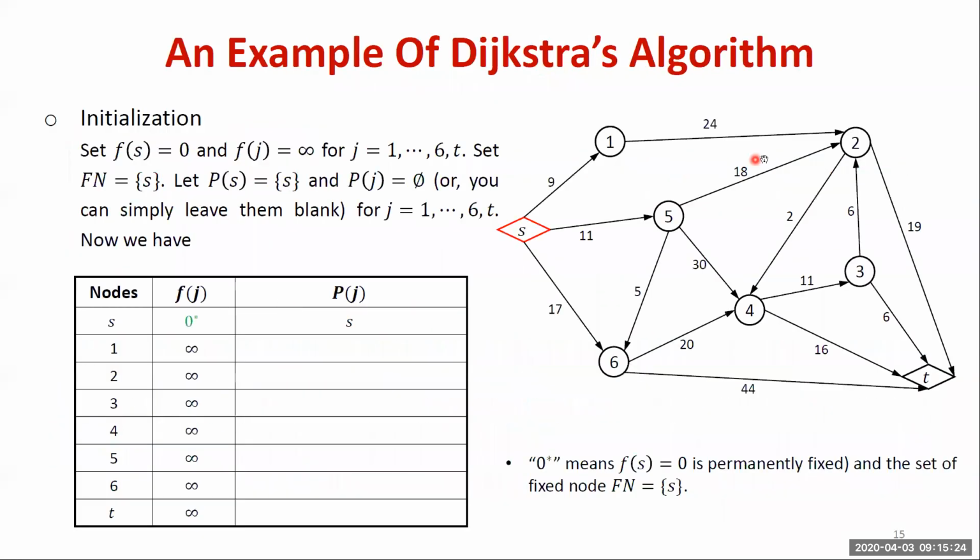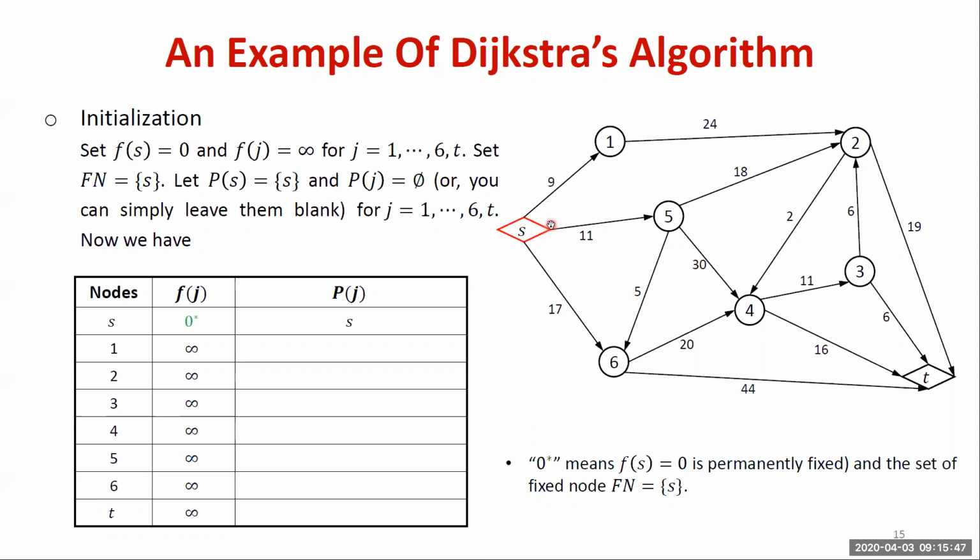Okay, so first, this is a graph, the same graph, which I can just copy and paste from the previous example. Now the initialization step tells you that Fs equals 0. Again, what does Fi mean? If I is a node, then Fi means the shortest distance from S to node I, right? So what is the shortest distance from node S to node S itself?